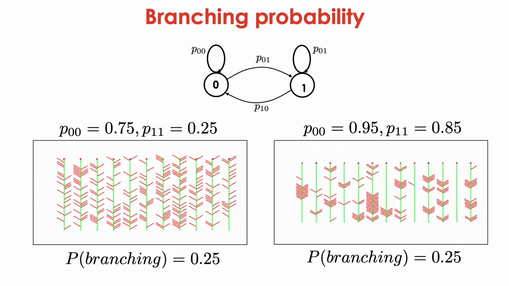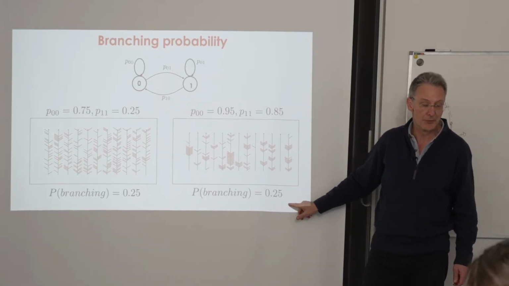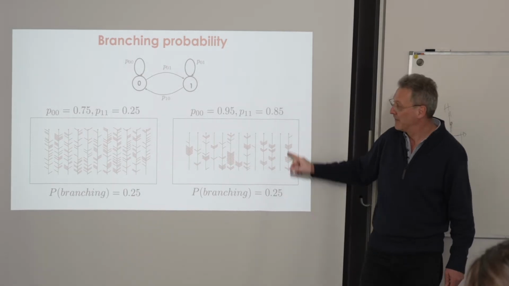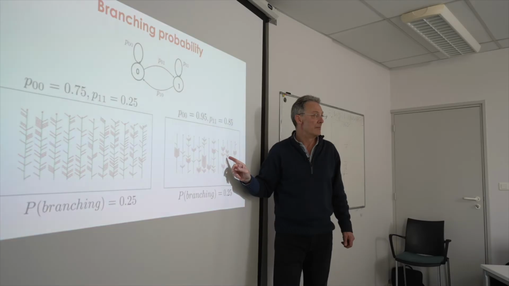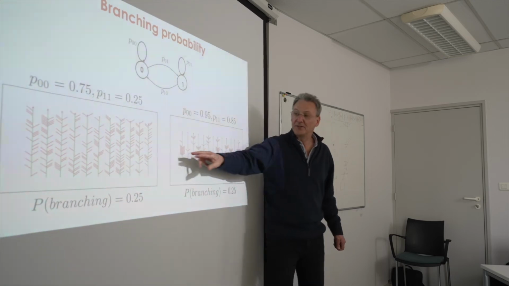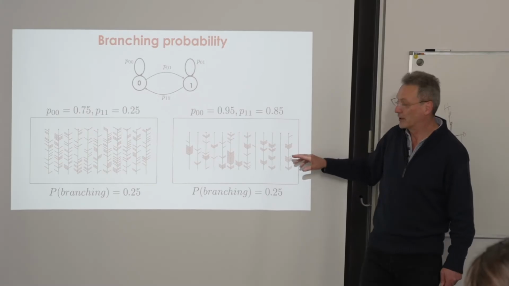I've also selected this number so that I also have probability 0.25 to have a branch here. And what you observe is that the behavior of the two systems may be drastically different. One is more diffuse, and the other one is more clumped.